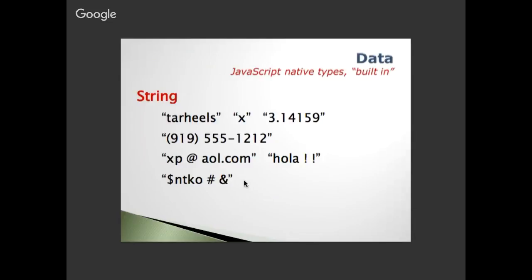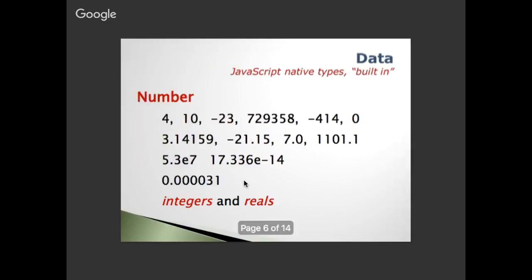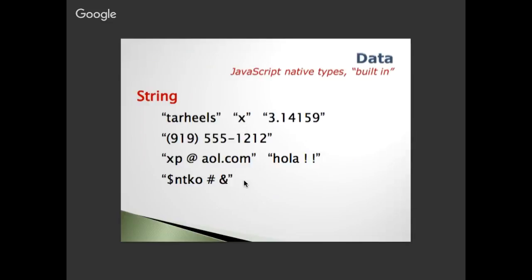Strings, same deal, have native data types, meaning I could do, like on this one, var x equals 4. X would be an integer. Okay. Var firstName equals Tar Heels. First name becomes a string, because it's a string to the right of the equal sign.